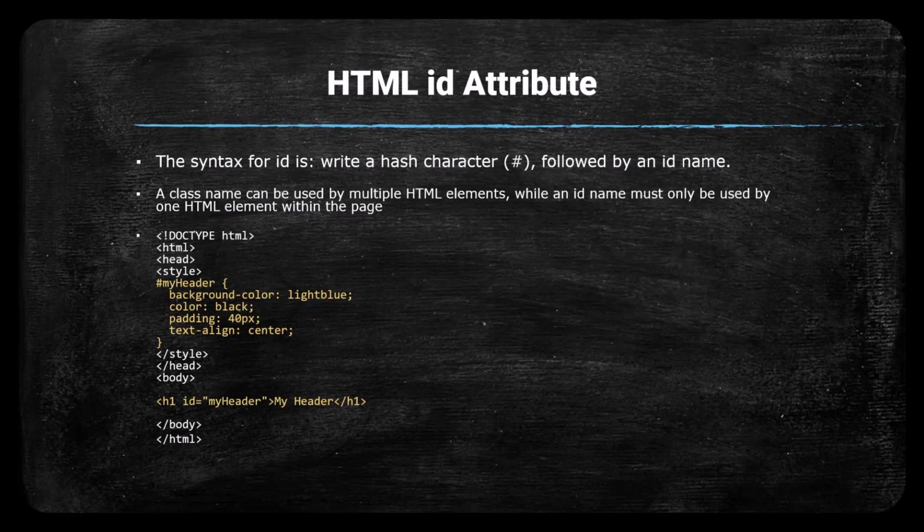A class name can be used on multiple HTML elements, but an ID must be only one and only one. You cannot use multiple IDs. I cannot use my header one time, second time, third time, as I use city two times. I only use header one time, that's all.